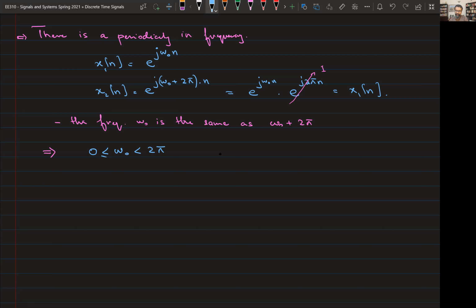right? So that's what we say. That we only consider, or you can say, let's take this. Okay, so typically we consider omega naught to belong to the set, a continuous set of frequencies between 0 and 2 pi, or alternately between minus pi and plus pi.